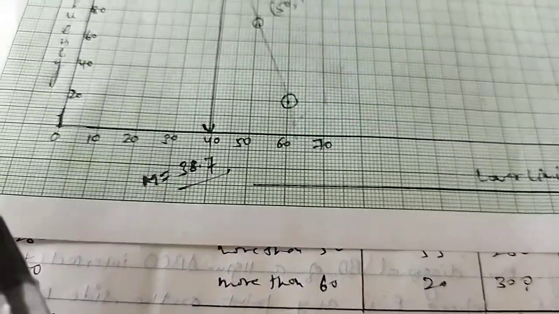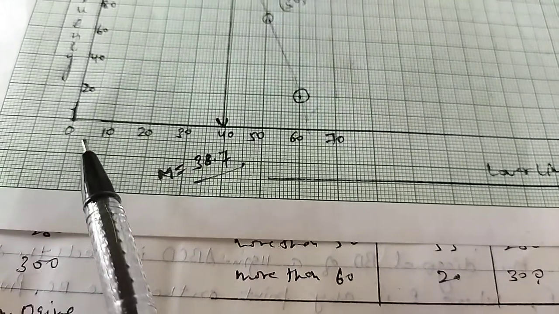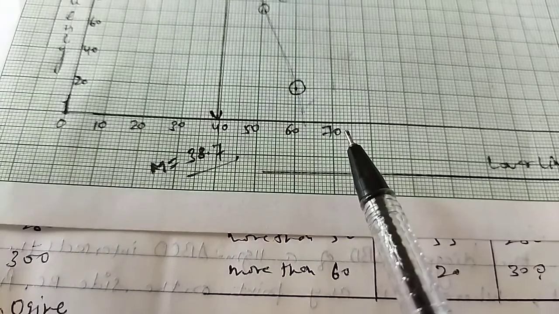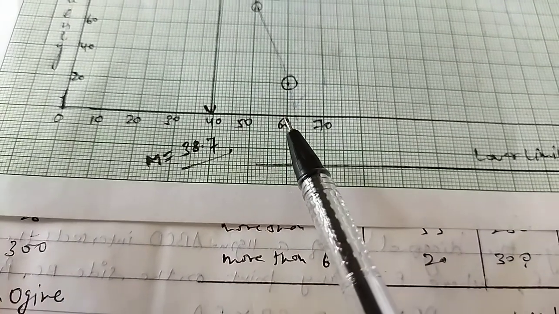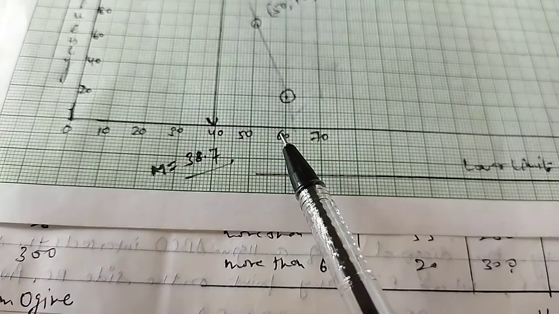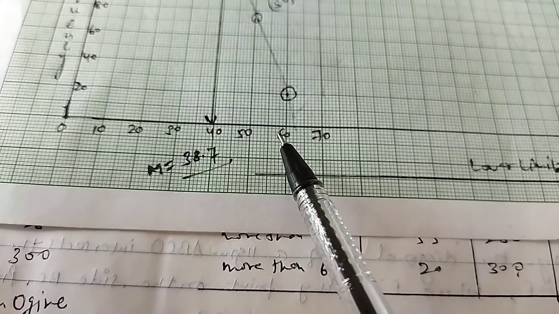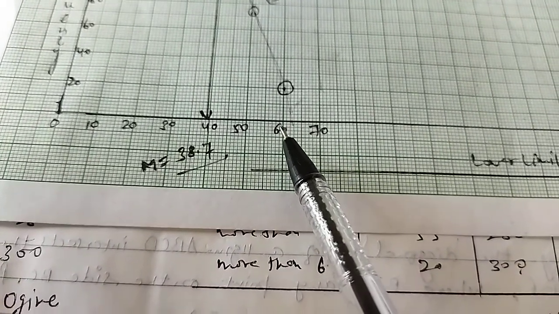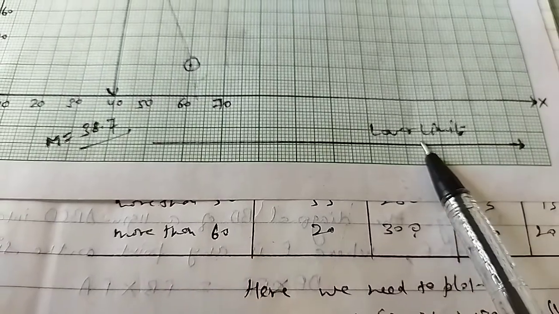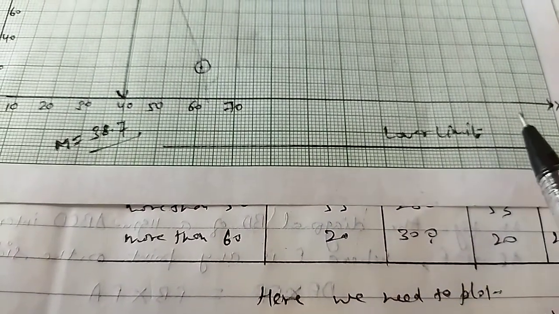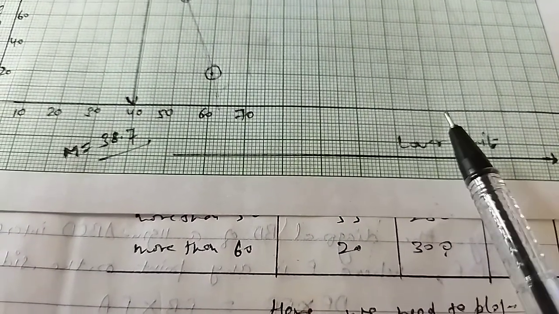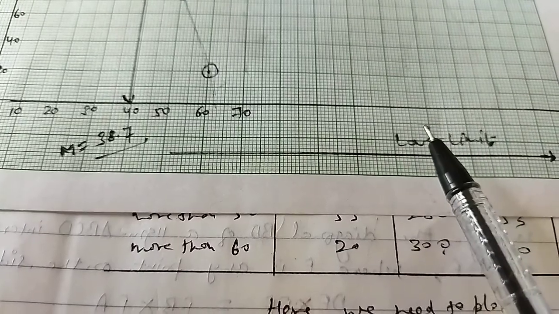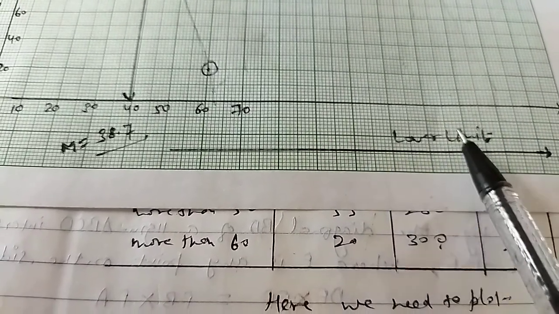Here I have taken the class intervals 10 to 70, but I will use up to 60 only in the more than type because I am taking the lower limit. And I have mentioned the lower limit along the x-axis in the more than type. In the less than type, it will be the upper limit.